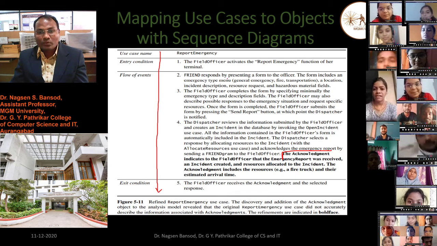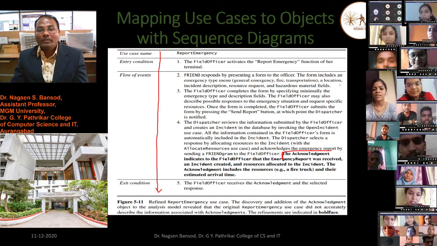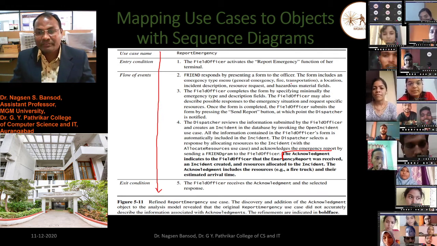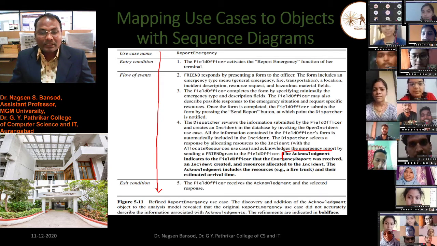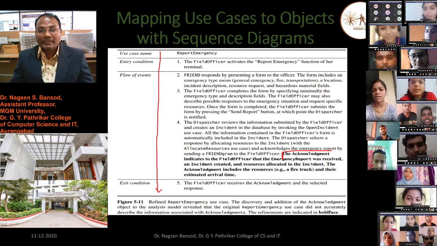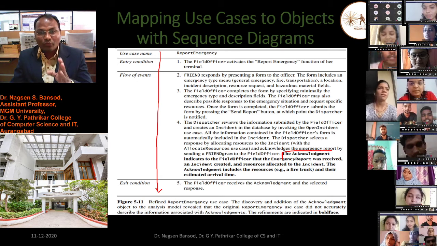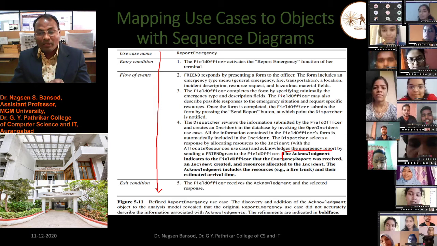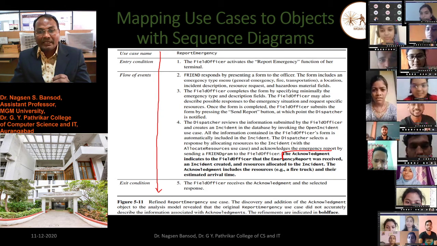The FRIEND responds by presenting a form to the field officer. The form includes an emergency type menu (general emergency, fire, transportation), location, incident description, resource request, and hazardous material fields. All that has to be included in the form by the field officer. The field officer completes the form by specifying minimally the emergency type and description fields.